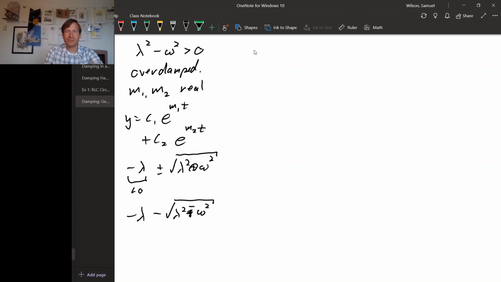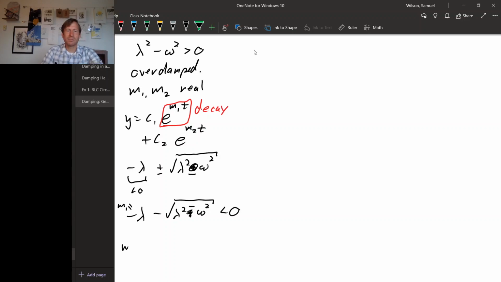So for this first value, we could call this m1, this root of the characteristic equation is definitely negative. There's no question, because lambda itself is positive, so minus lambda is negative, and this square root is positive, and it has a negative in front of it. So this stuff is all negative, right? So this first exponential term is decaying.